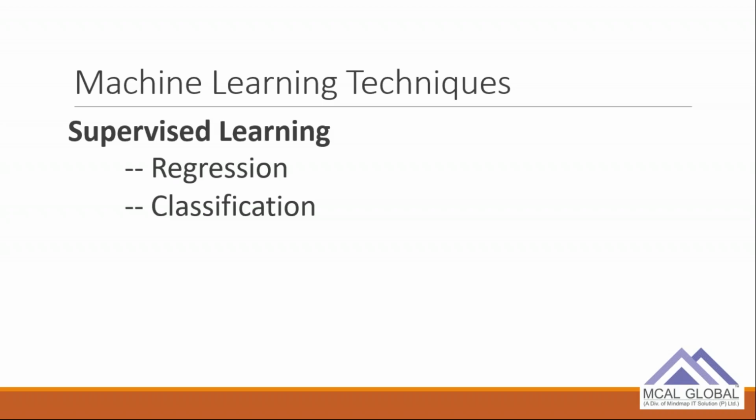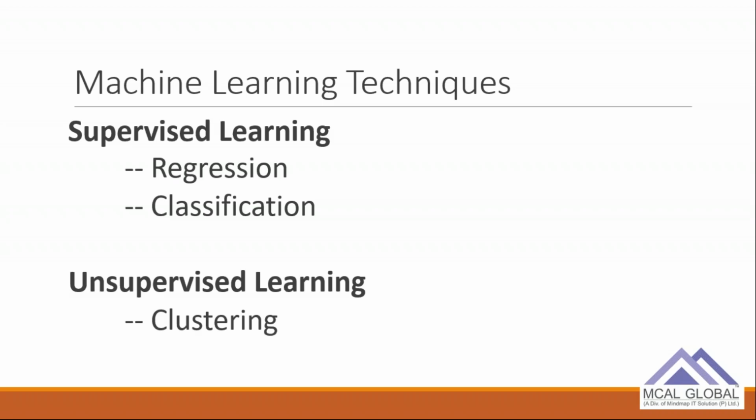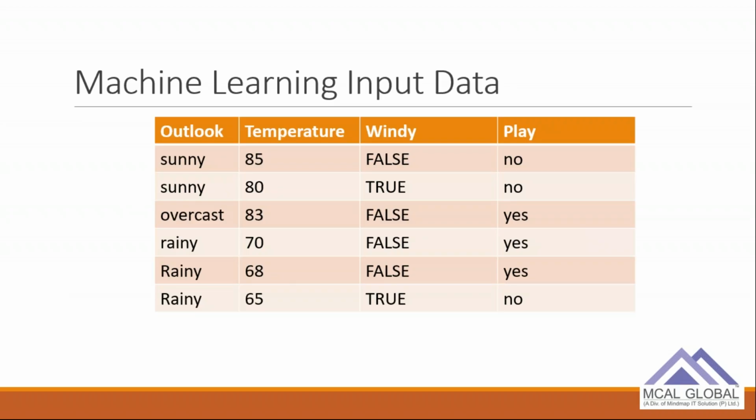Machine learning is basically of two types: regression and classification. Now let's understand each of these separately. Regression is where you're trying to predict a continuous variable. Now, what you're trying to predict is, let me show this.